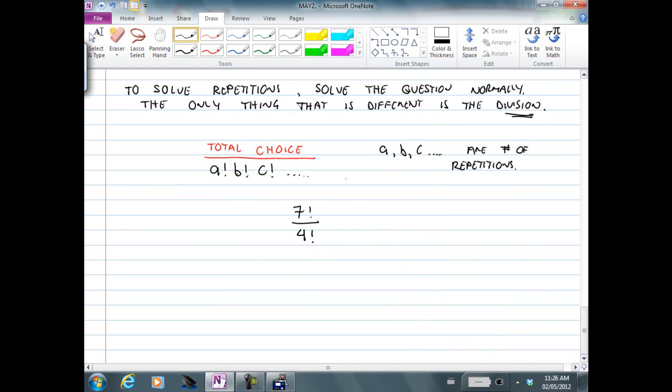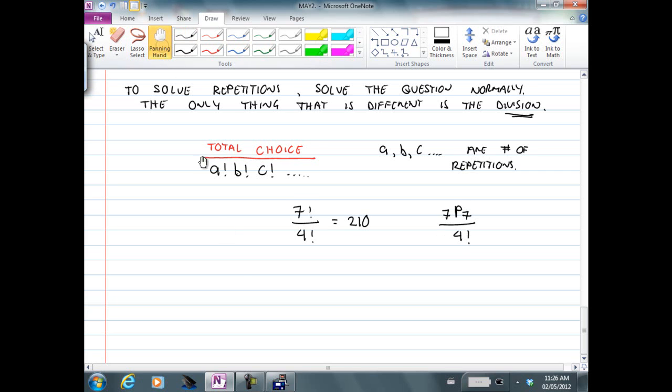That's 210. I did this using the blank method. I can also do this using the nPr method. I can write down 7P7 over 4 factorial. They're all the exact same thing, depending which method you prefer.